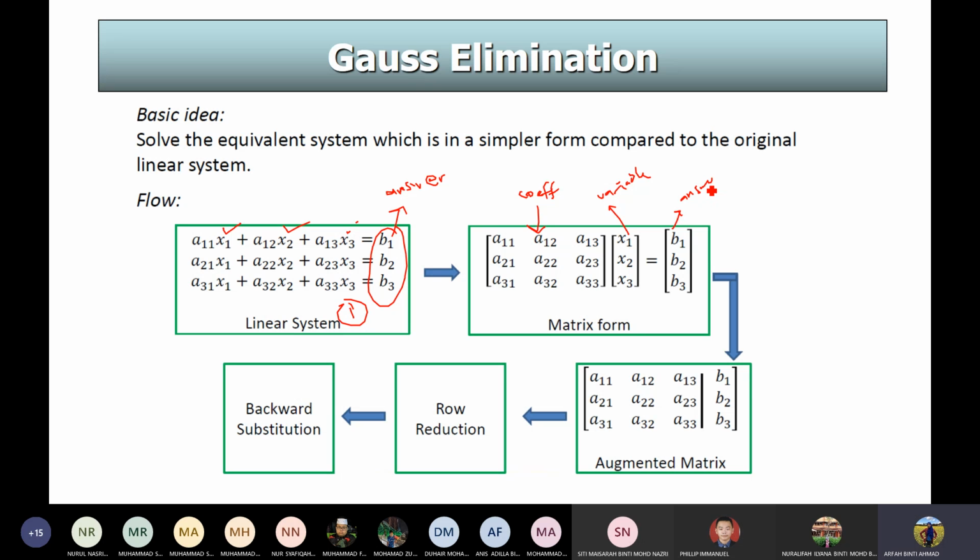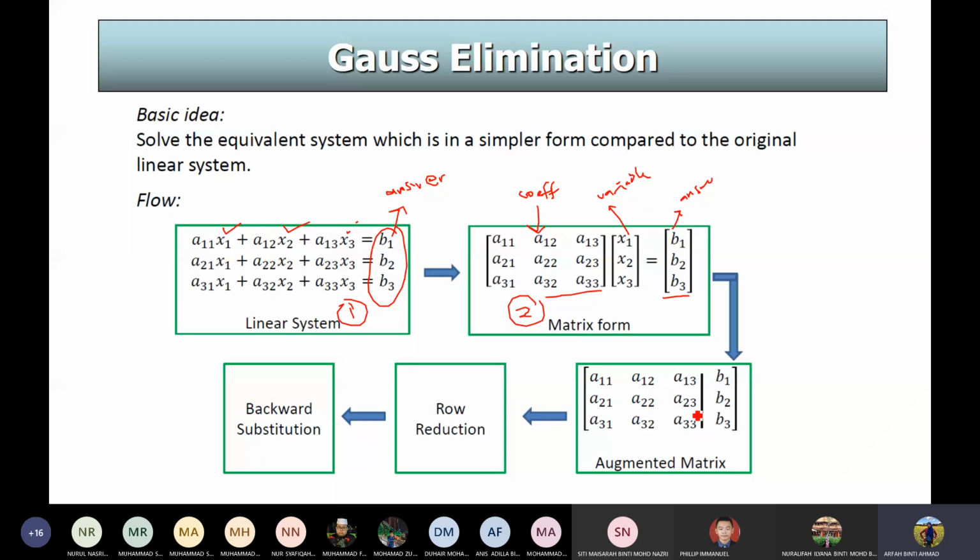Okay. So daripada sini, this is the second step in Gauss elimination. The third step is you are going to have the augmented matrix where it consists of the coefficient matrix and the answer matrix. The variable matrix tu kita tak buat apa-apa. Bukan kita tak buat apa-apa, kita letak tepi dulu.